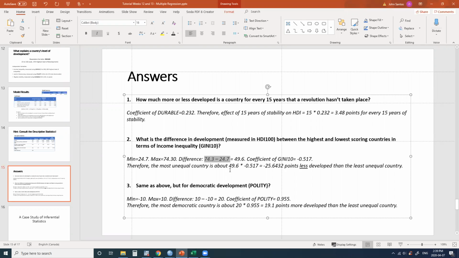So 49.6, the full range, times the coefficient of Gini equals -25.6 points. So the most unequal country, that's at 74, is 25.6 points less developed than the least unequal country. So we're calculating what these regression coefficients mean in substantive terms.